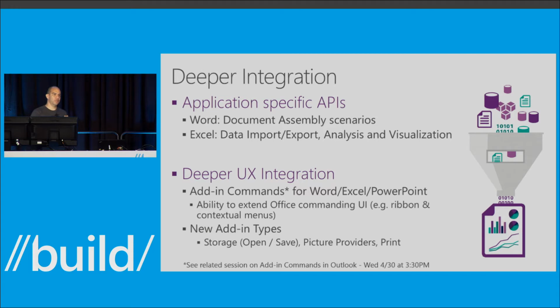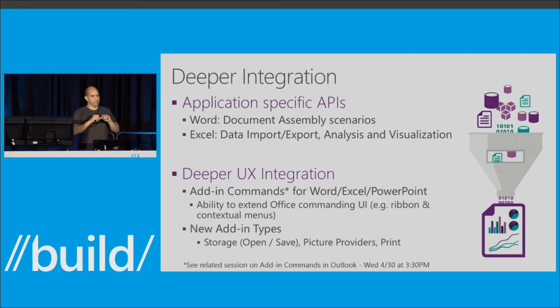We're going to switch from the common APIs that we have today, which work seamlessly across Word, Excel, and PowerPoint, to deeper APIs that are specific to Word and Excel, so that you can have fine-grained control over the new functionality that we will have available.